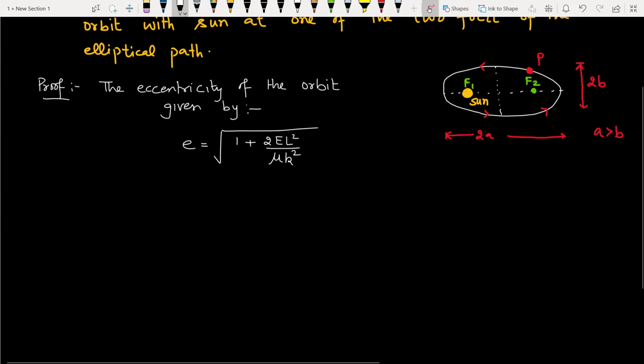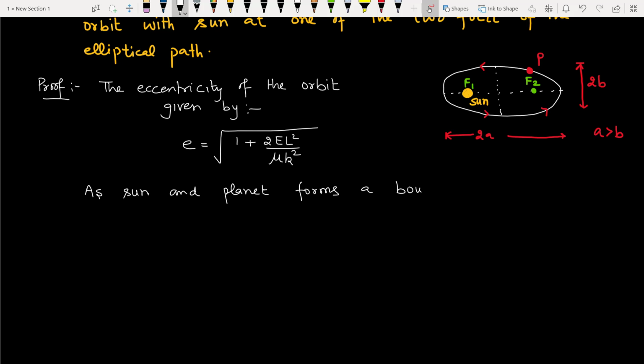As Sun and planet form a bound system, the total energy of the system is negative.